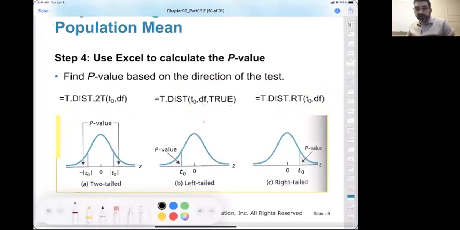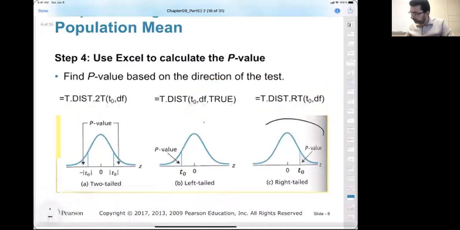if you have a right-tailed test like here, which means that the alternative hypothesis is greater than, you will use t dot distribution dot rt, where rt means right tail. Here you will put the value of the test statistic after you calculate it, and then the degrees of freedom.